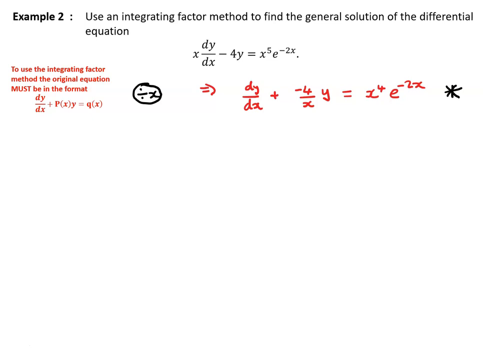And that is now in the right form to be using the integrating factor method. So we must have the left-hand side in the form dy/dx plus a function of x, p(x), times y. And the right-hand side must simply be a function of x.